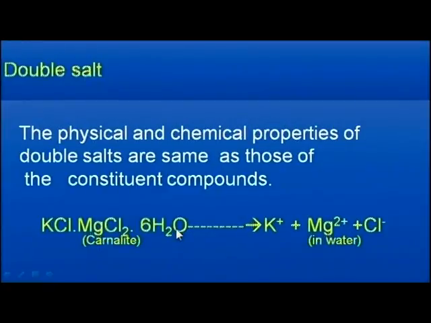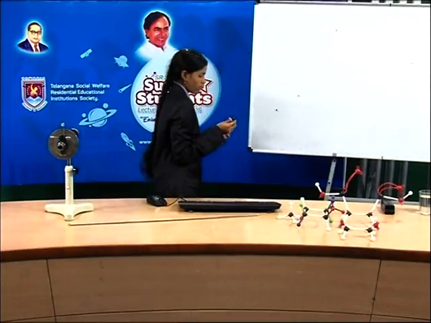When treated with water, it gives K+, Mg2+ and Cl- ions. Here carnallite is formed by mixing KCl, MgCl2, 6H2O, or in aqueous solution they give rise to K+, Mg2+ and Cl- ions. Let us see that reaction here.